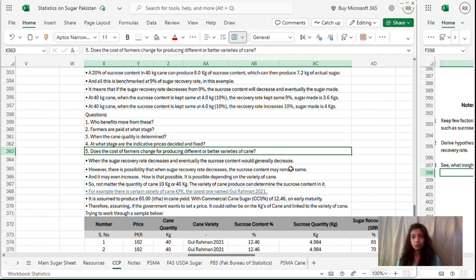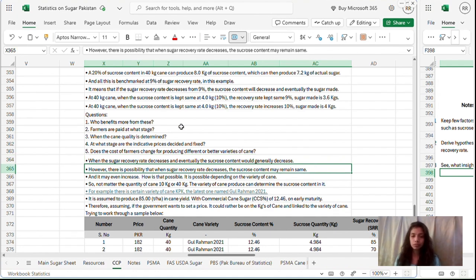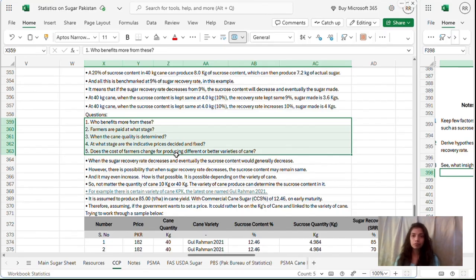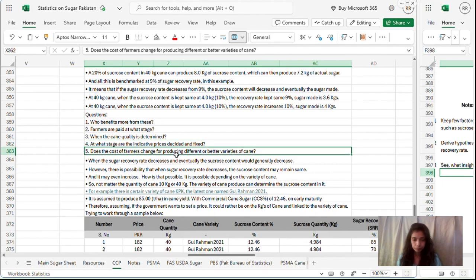If farmers produce better cane, a good variety of cane, are they paid differently? What is the system? Since that is not available in the literature I have read so far, I need to look further into it. So these were the questions that were derived, and they may lead me in a certain direction where I might find more solutions, literature and research on it.